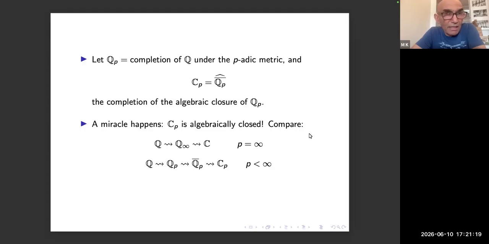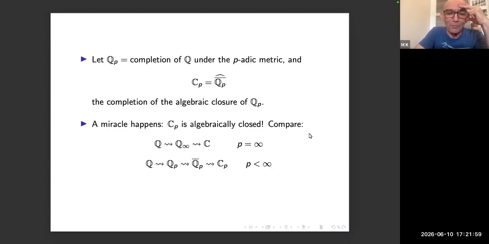As a result of that, the distance between QP bar and QP is huge. It's an infinite extension. So this is not topologically complete anymore. So you have to complete it, and then you get this field of p-adic complex numbers CP. But the miracle here is that this completion now is algebraically closed. So the process stops this time after 3 steps.